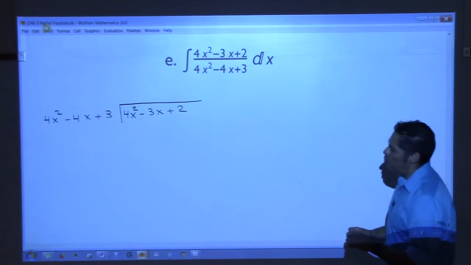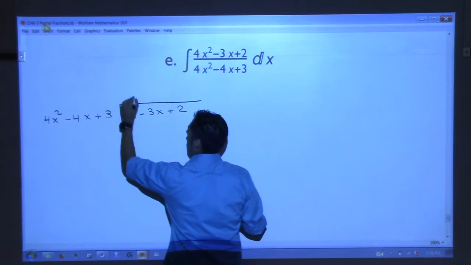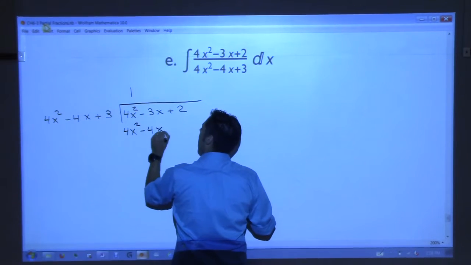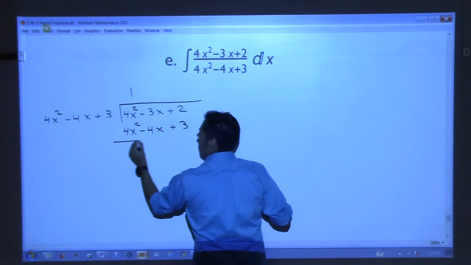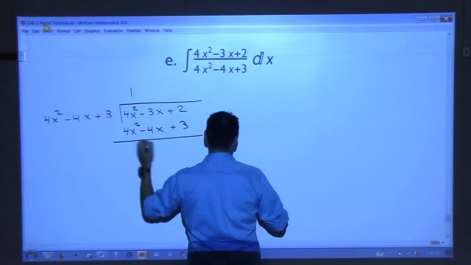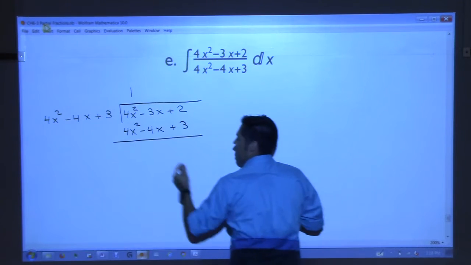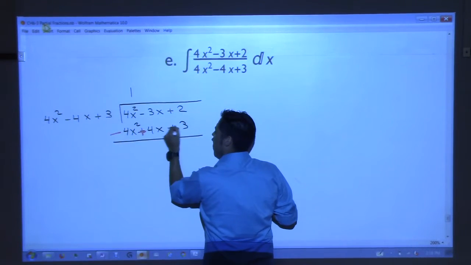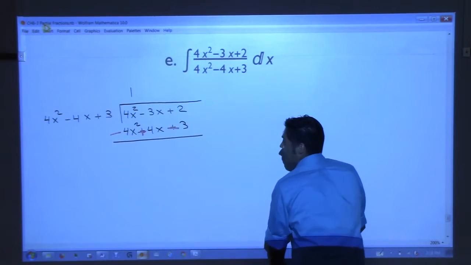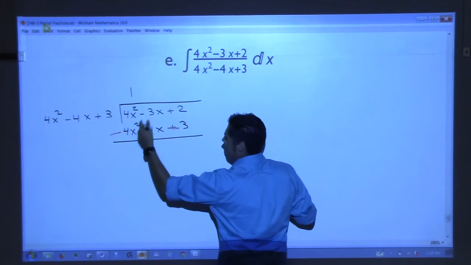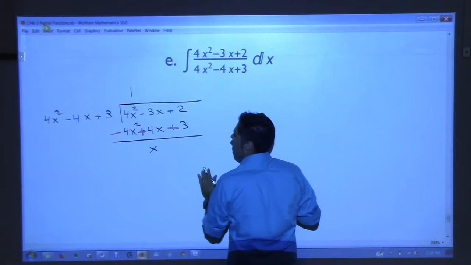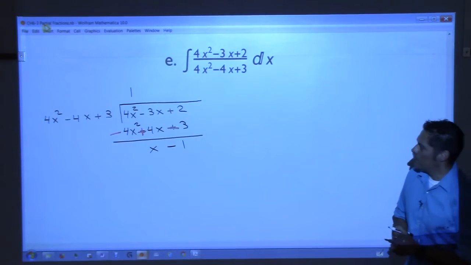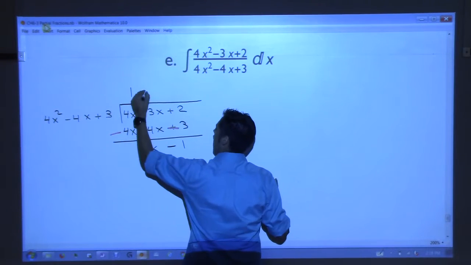All right, what do you multiply 4x squared by to get 4x squared? 1. So 1 comes down here and we subtract, which means change the signs. Then we get x minus 1, and that's our remainder, because you can't go any further.